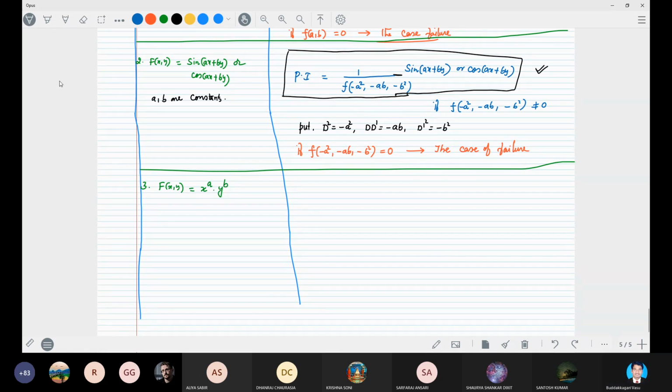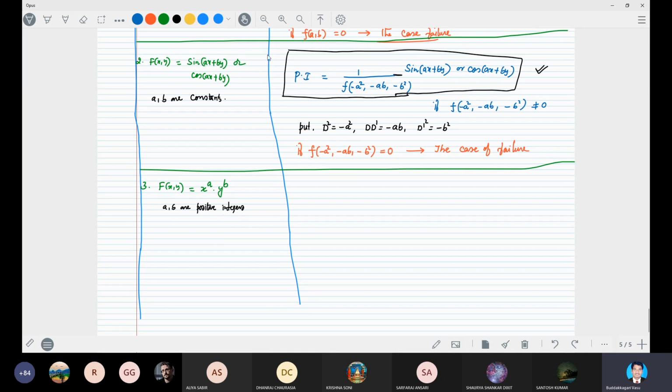Again a comma b are constants, positive integers, you may write.